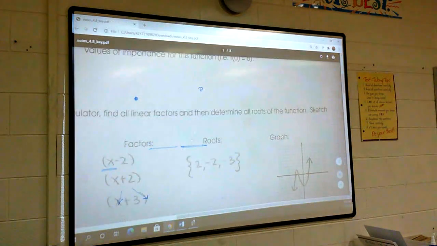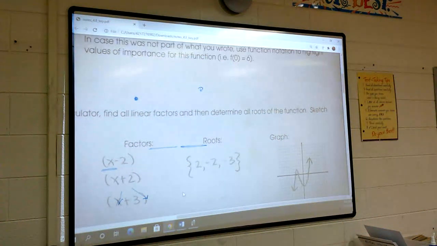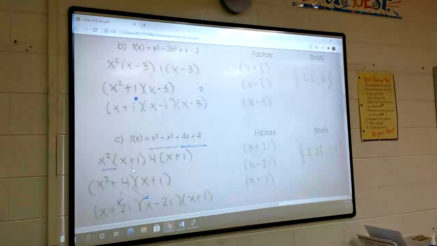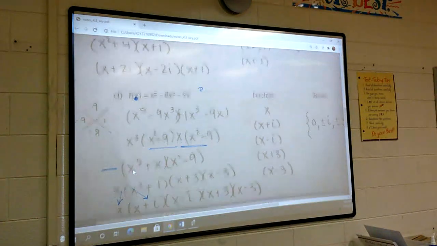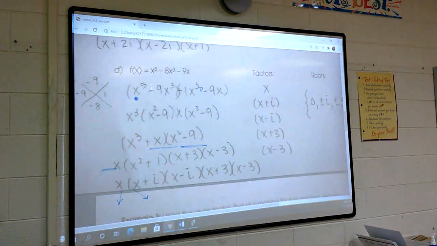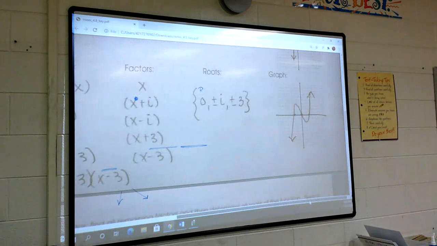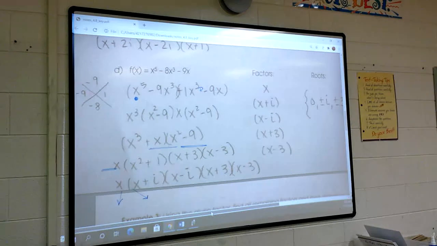Okay, in the next problem, we're doing x to the 5th minus 8x to the 3rd minus 9x. Okay, we don't need to factor all that out. We just need to be able to get the factors, the roots, and the graph.